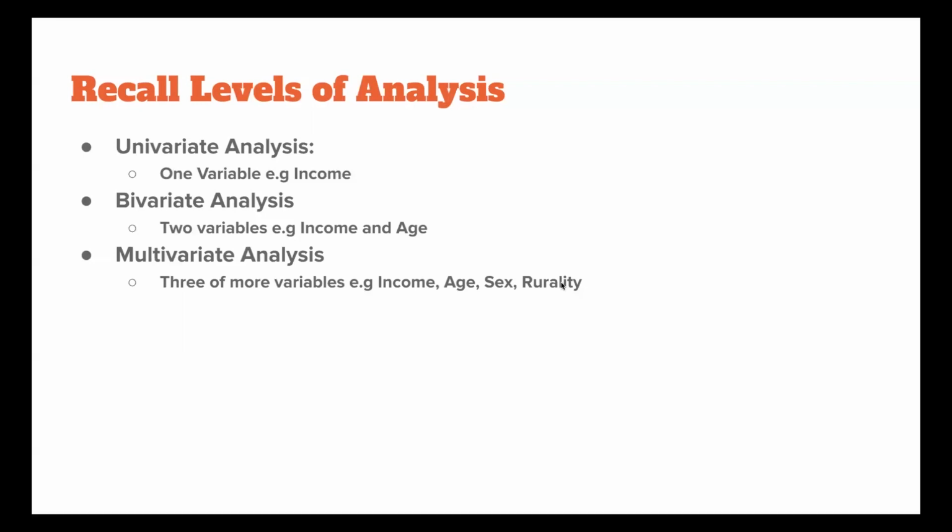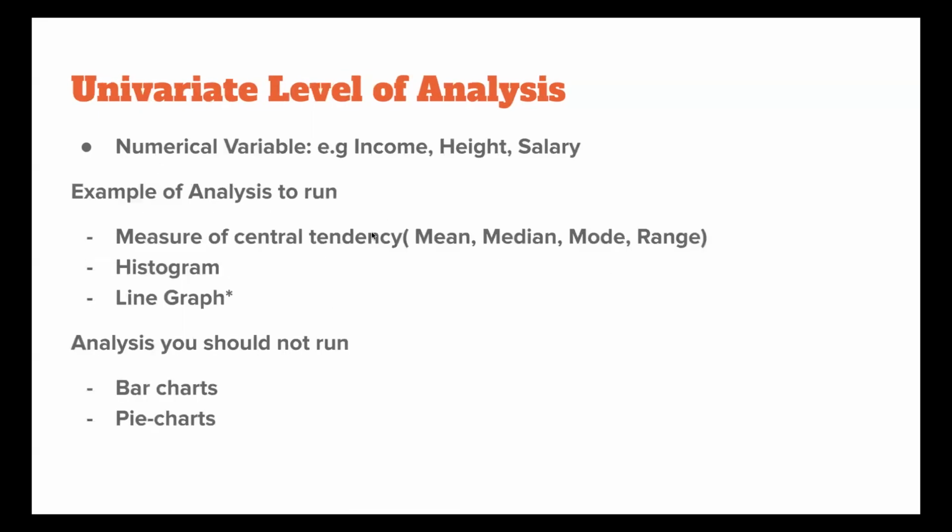So the question of today's discussion is: what kind of analysis do we run when we have just one variable, what kind when we have two variables, and what kind when we have three or more variables? Even when we have one variable, remember that we have data types.